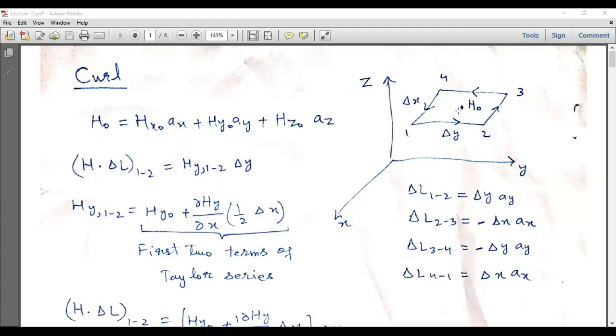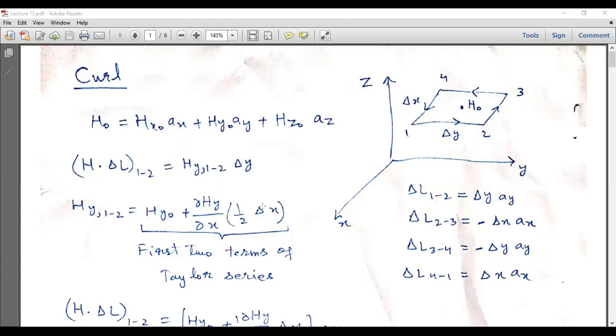So this is the magnetic field intensity at this point, but when we move away from this point towards this differential length from 1 to 2, we will have to apply Taylor series, and from this point up to this point, the variation in magnetic field intensity will take place with respect to the x-axis, because from this point up to this differential length we have x-axis. So partial Hy over partial x we will have, and the separation between this point and this differential length delta y is equal to 1 by 2 delta x, right? So this whole length is delta x, and this is equal to delta x by 2.